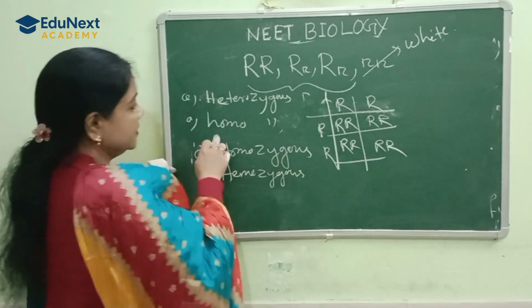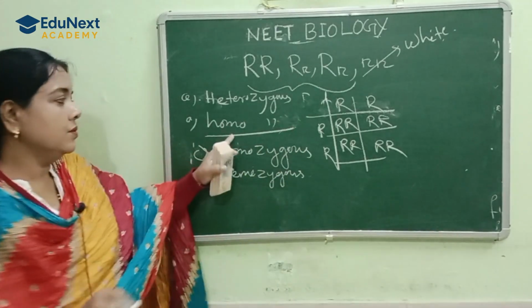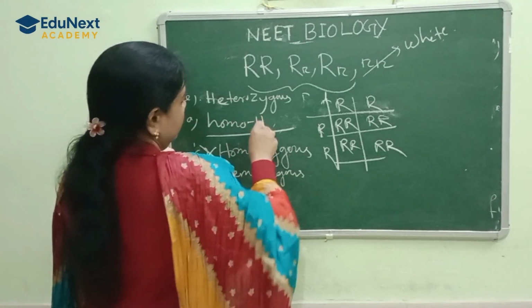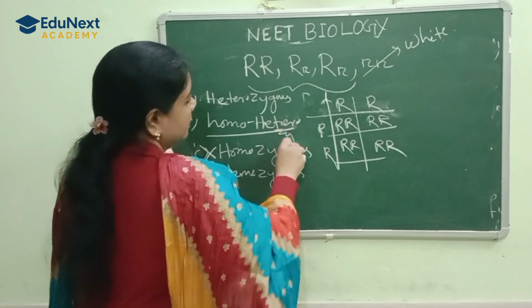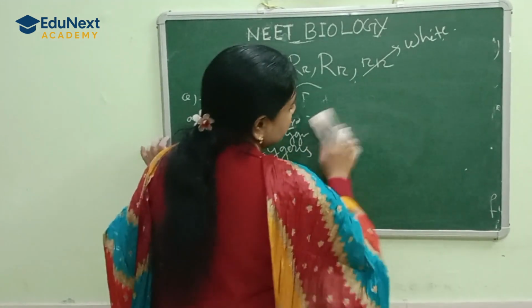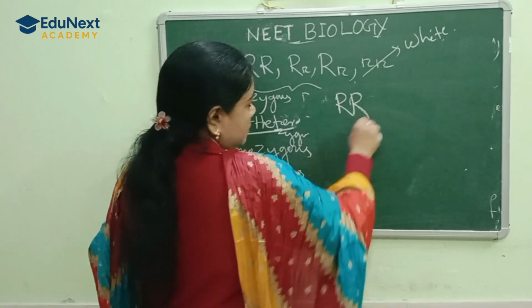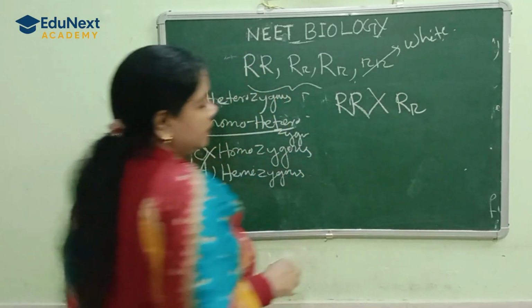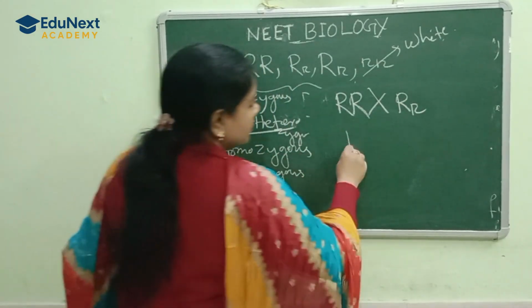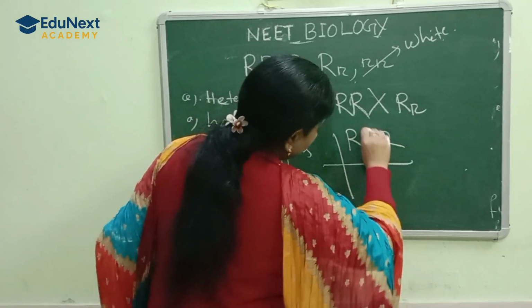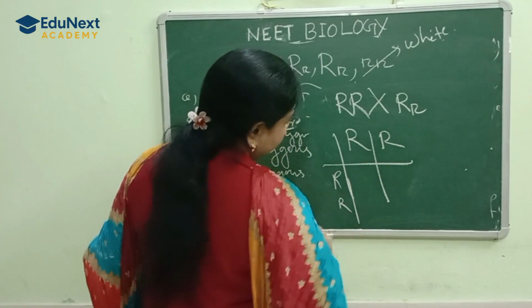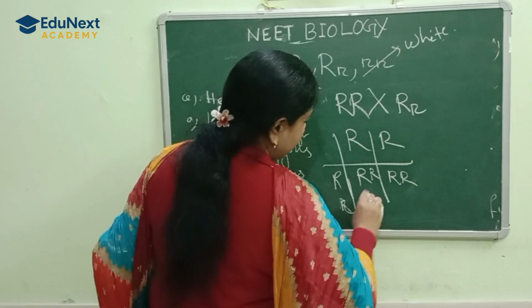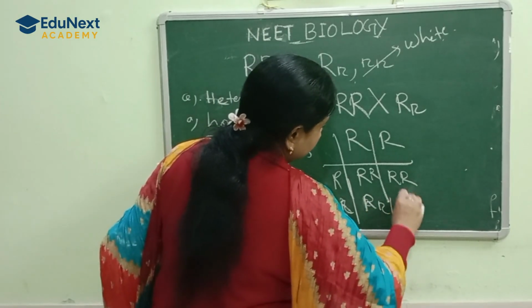Okay. Now let us do the crossing between heterozygous and homozygous. Here we will cross one homozygous plant with another heterozygous plant. So in the Punnett square, we will get RR, RR, RR and RR.